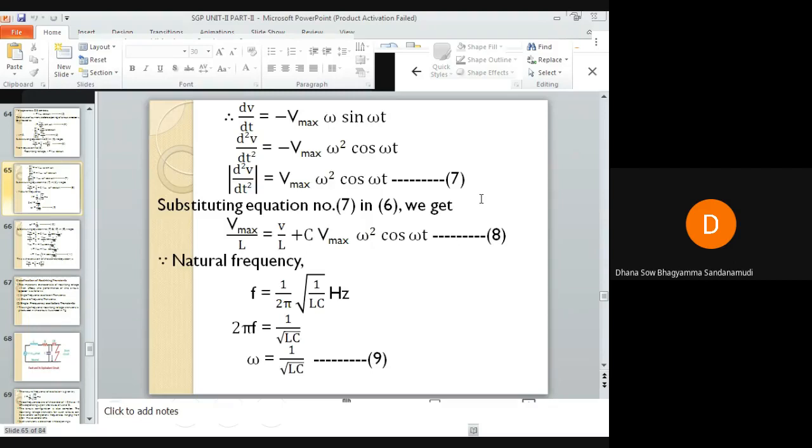Now substitute equation number 7 in equation number 6. What is equation number 6? V max by L equals V by L plus C into d square V by dt square.